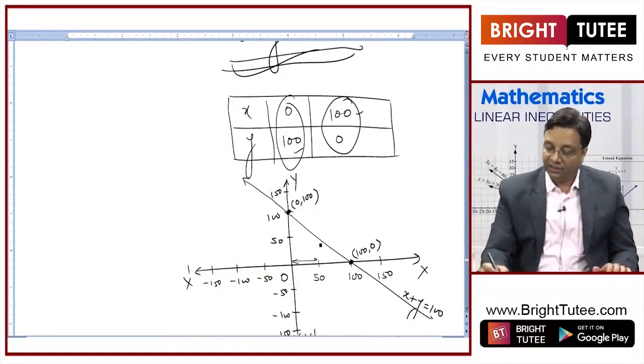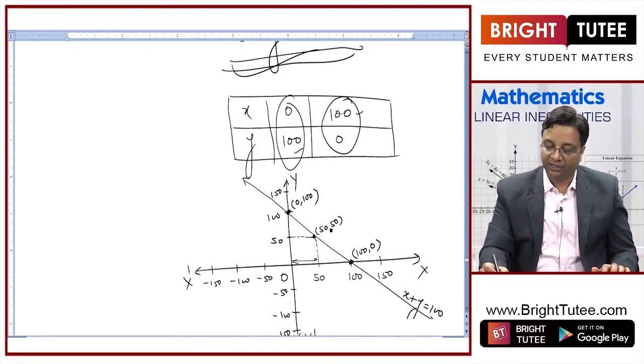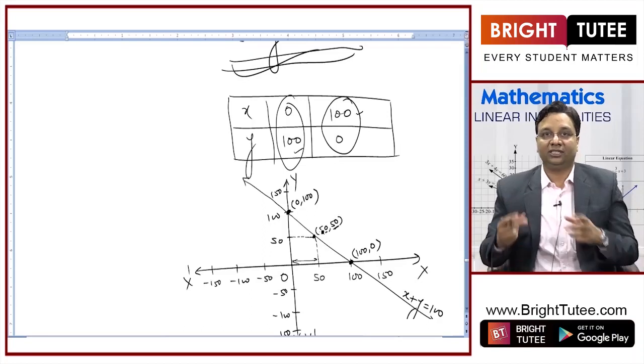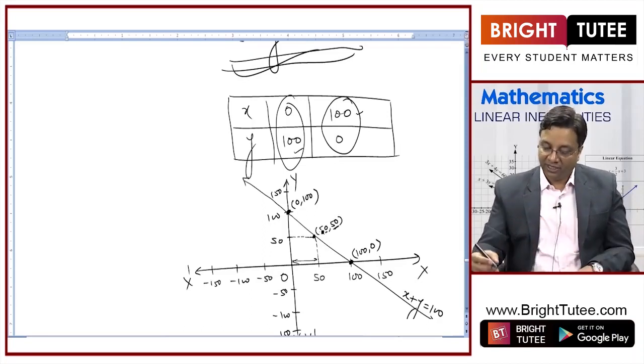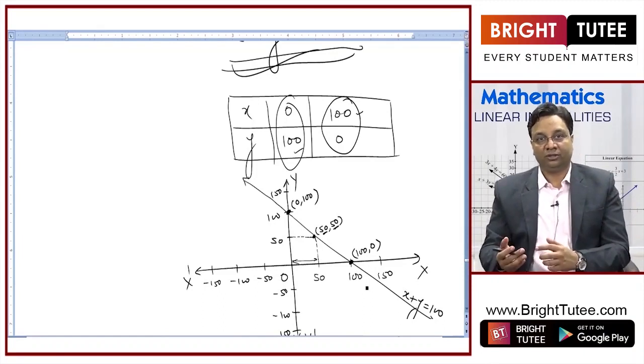Let us look for another point. If I take this point here, the coordinates are 50, 50. What does it mean? That if Yamini contributes rupees 50, Fatima also contributes rupees 50, because their sum is 100. Every point on this line will tell you about their contribution.